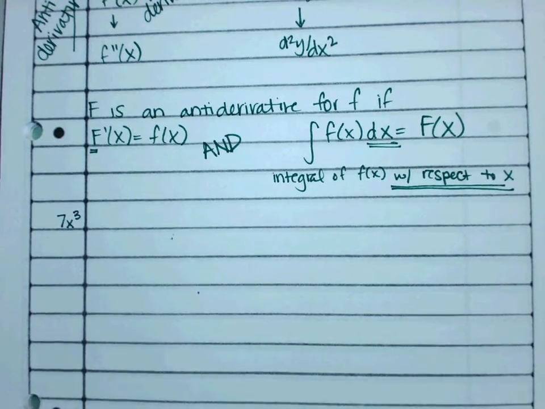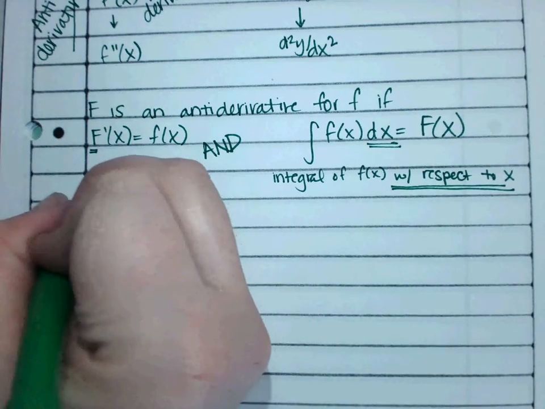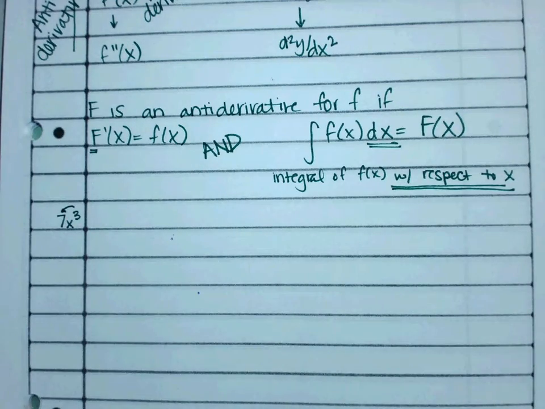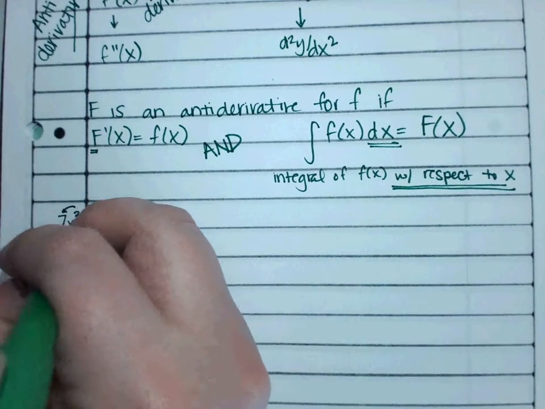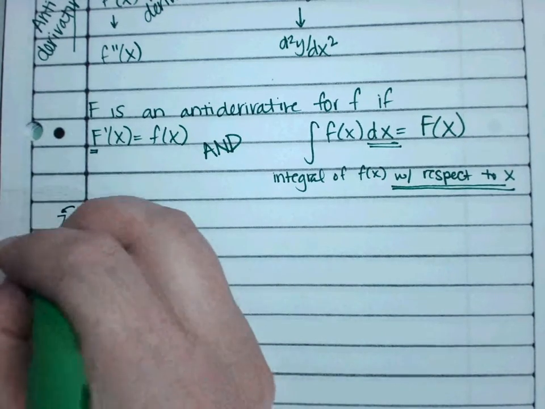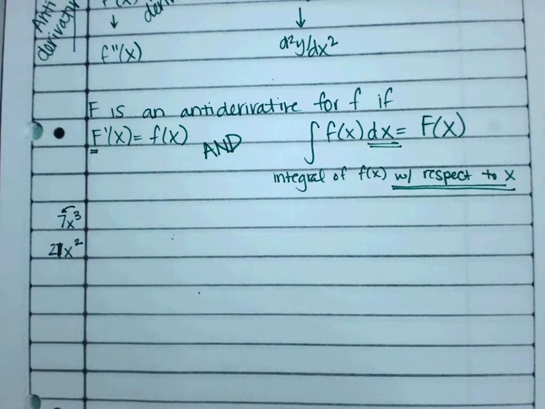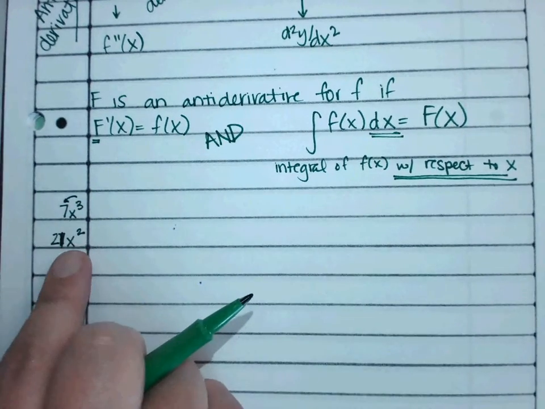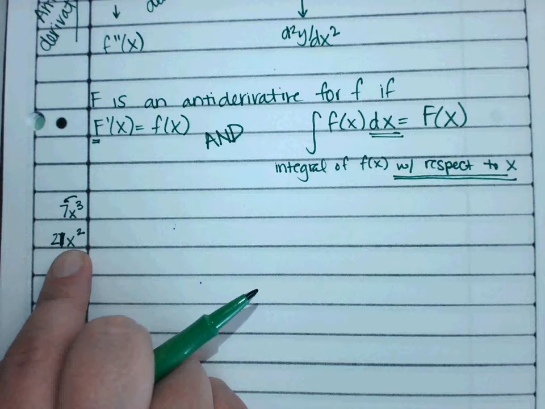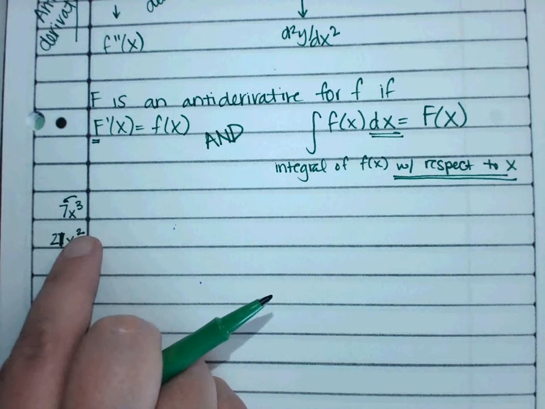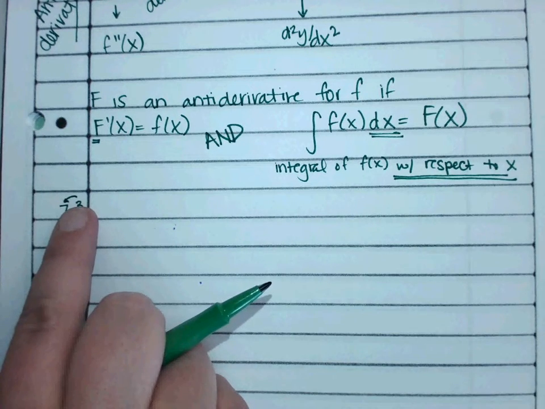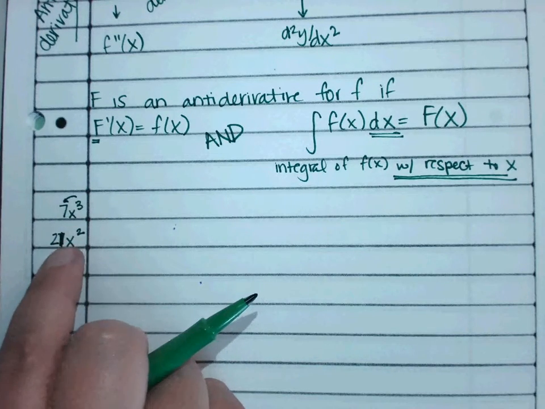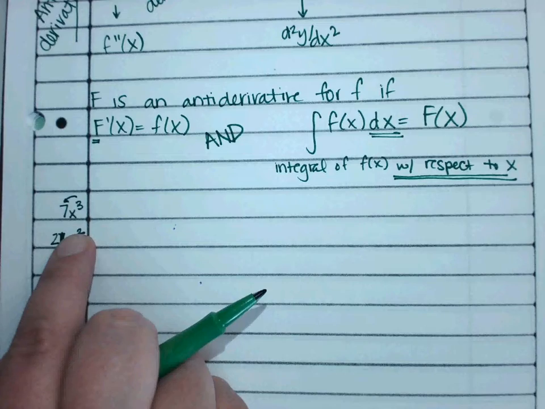You'd get 21 by multiplying the 3 down, and then you take away 1. So you'd get 21x squared. What if I had this but I wanted to go backwards? I would add 1 here to make it a 3 again, and then instead of multiplying the 7 and the 3, I'd have to divide by the 3 to undo it.